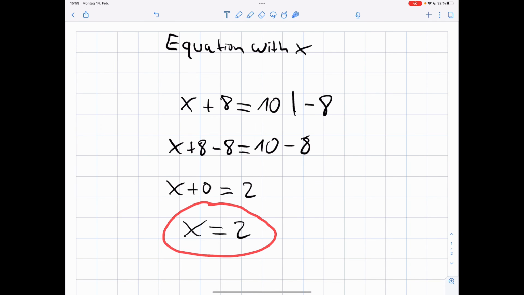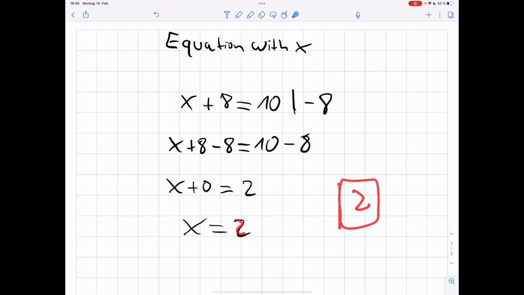x equals 2. And when you look at it again closely, recapping what we said in the beginning, now x read as a letter is not equal to the number 2, right? But if you read x as a sign that refers to the variable in the parallel world, it is equal to the 2 because in the parallel world 2 is in the box.